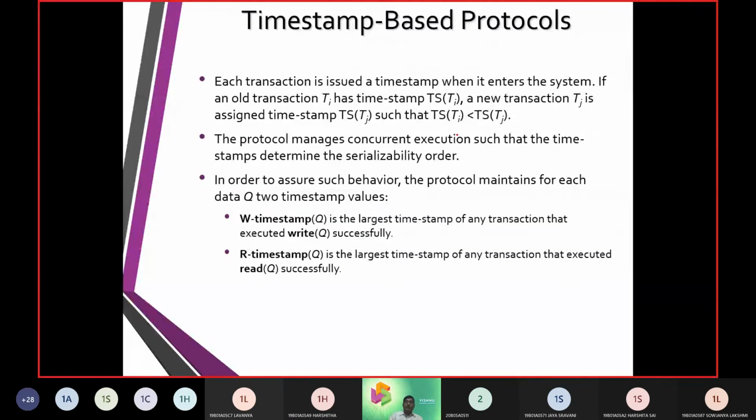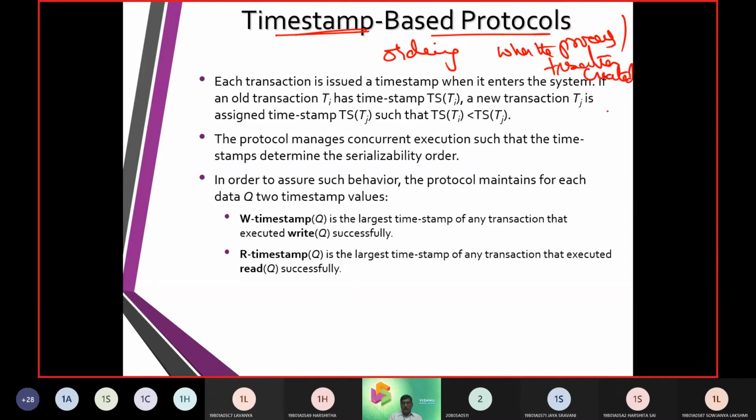The other way we discussed towards deadlock was that we worked with timestamp based protocols. In timestamp based protocols, we will look at the ordering.